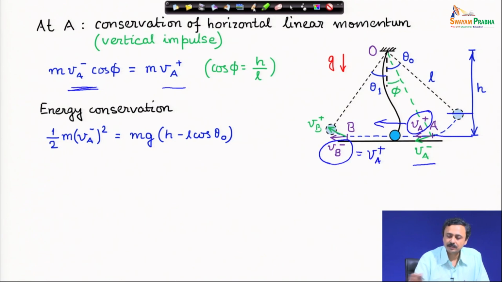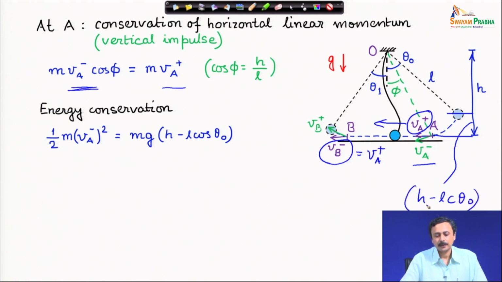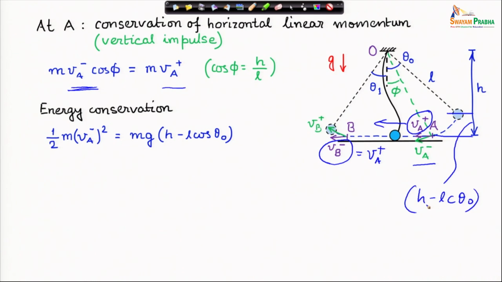Here I have marked this distance as h minus L cosine theta naught. Therefore, mg, measuring from the datum, I have mg times h minus L cos theta naught as the potential energy with which it started off, with 0 kinetic energy, and that is converted to kinetic energy and 0 potential energy. So, kinetic energy I can find out, therefore V a minus I can find out.